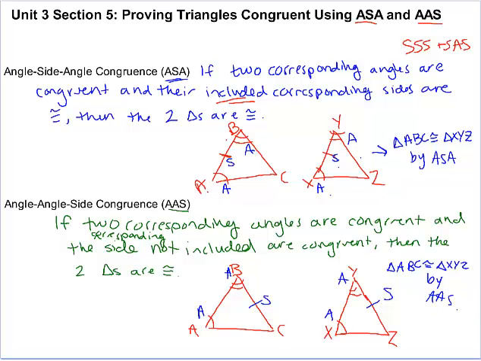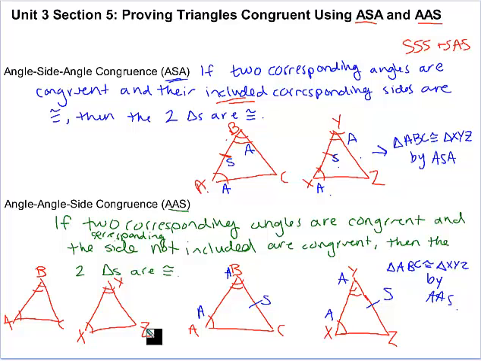Now I do want to show you a slightly different diagram for this one because it can be set up in sort of the reverse. Here's our ABC with angle A congruent to angle X and B congruent to angle Y, and there's our triangle XYZ.